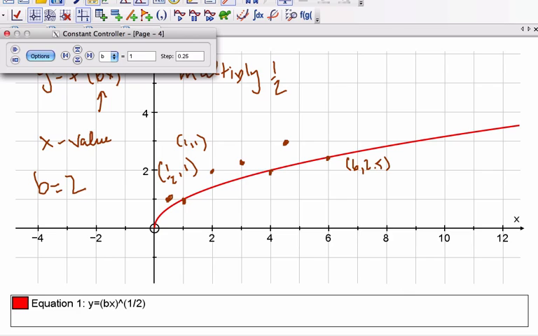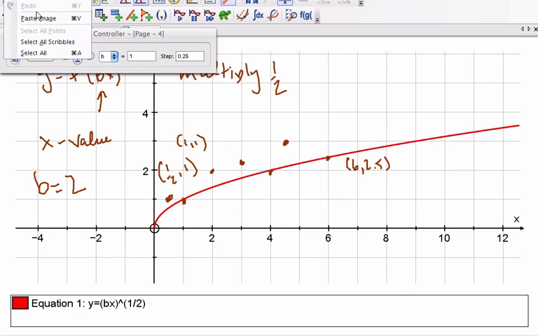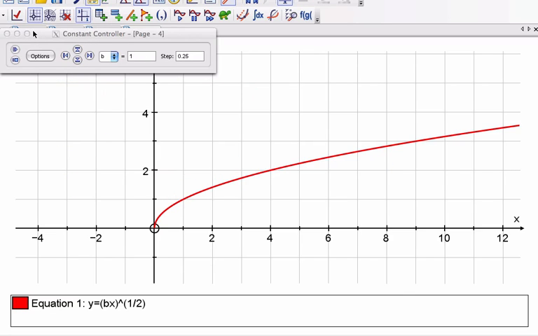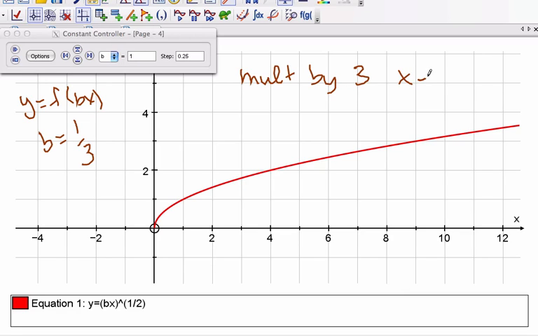All right, let's try another example here. Let's get all my scribbles and let's delete those. Okay, let's try the same scenario, except now, for y equals f of bx, let's make b equal to 1/3. Now, as opposed to multiplying by a third, I'm going to multiply the x value by 3.